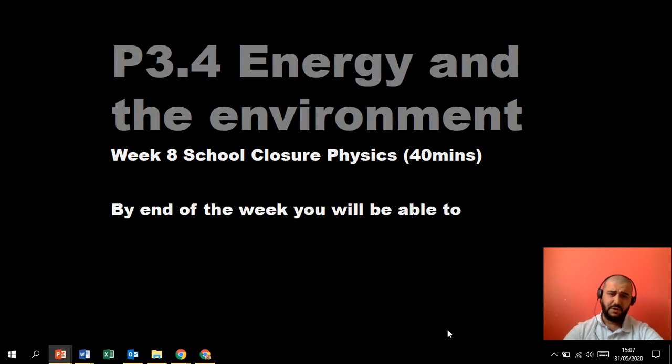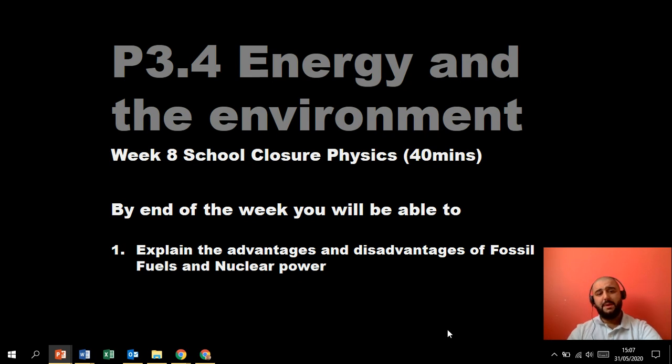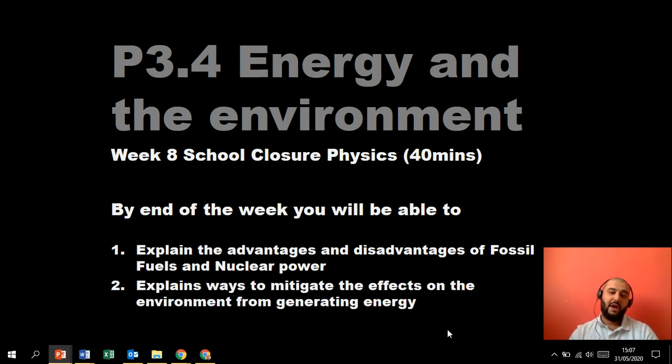Okay, so by the end of this lesson, you will be able to explain the advantages and disadvantages of both fossil fuels and nuclear power stations, or the use of nuclear energy, and be able to compare and contrast the two of them, and explain ways of reducing the negative effects of both of these sources of energy in terms of the environment.